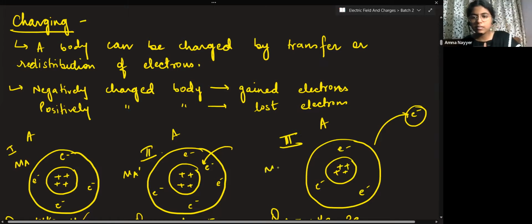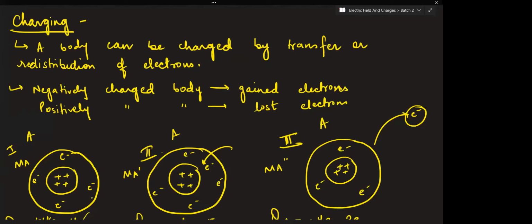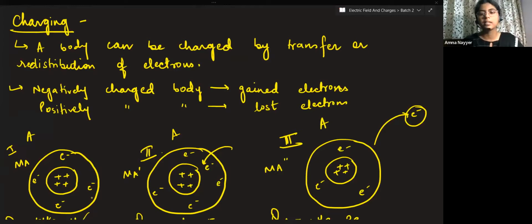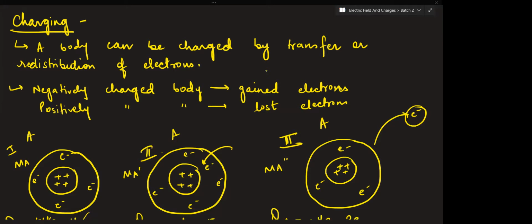Now tell me, if this is Ma double dash, compare it with Ma. Will it be the same as Ma, greater than Ma, or lesser than Ma? Lesser than Ma. So Ma will be greater than Ma double dash. The reason is simple: since an electron has been removed, the associated mass has also been removed.